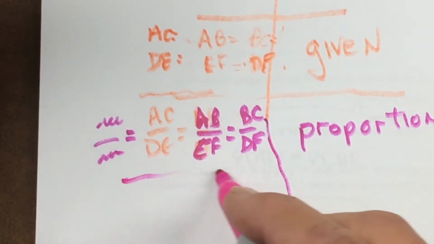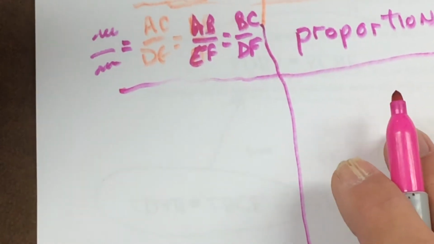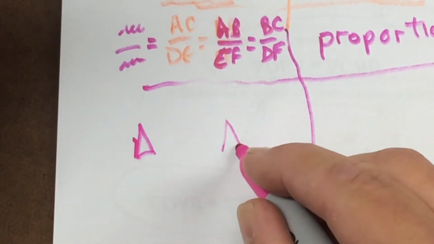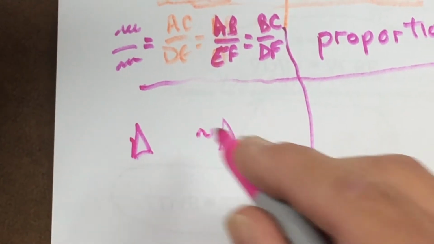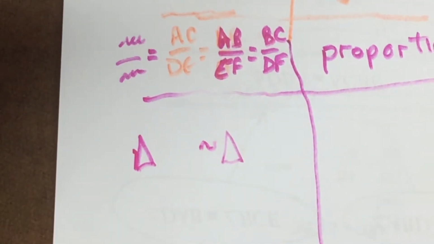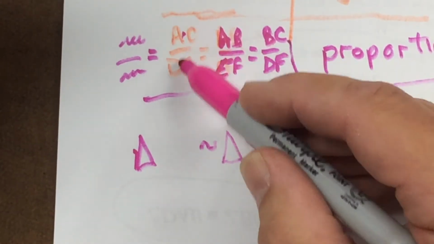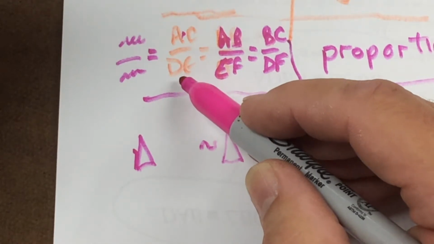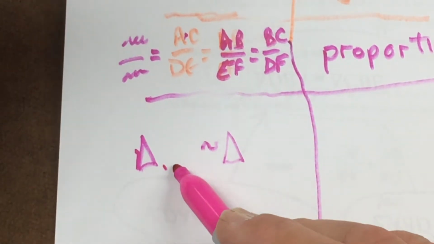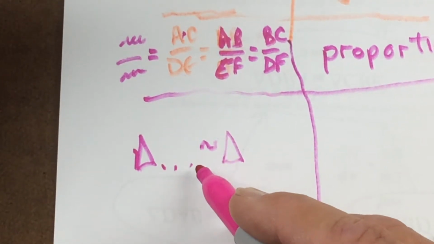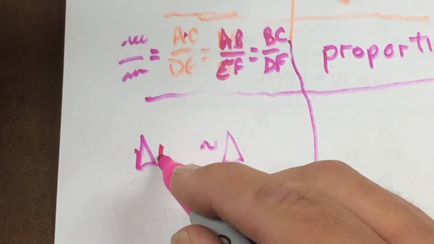Now, the only thing left that you have to do is to write the similarity statement. This is slightly tricky because you have to do this in such a way that AC and DE are in the same positions in the explanation. So, in other words, if I do A, B, C, let's just do that.